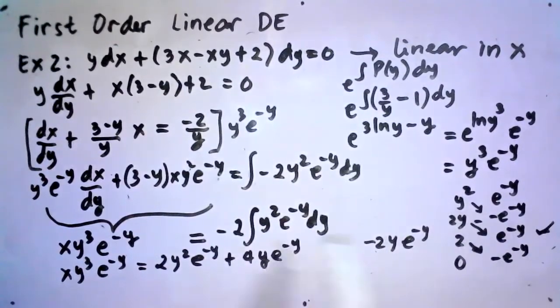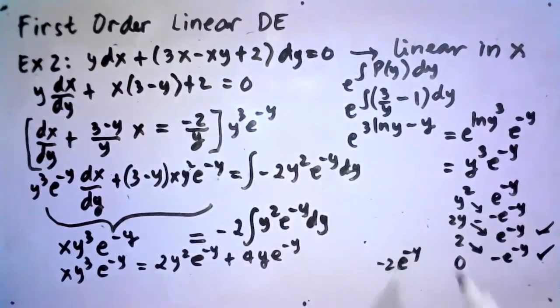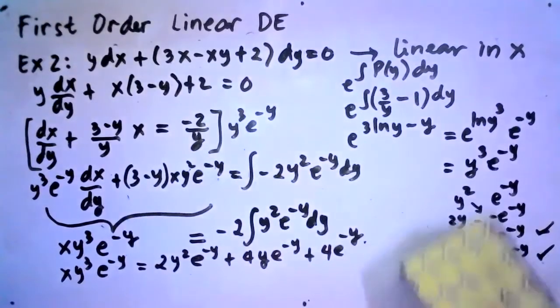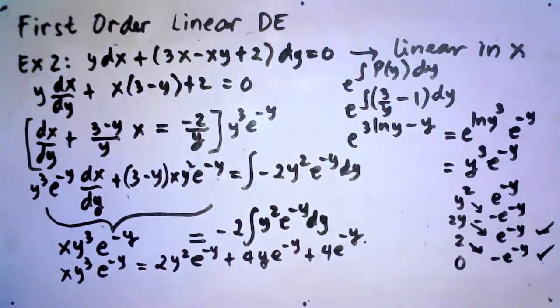This is the result of our integration for this part. And then next, we will proceed to this part: 2 times negative becomes negative 2 e negative y, times negative 2 becomes positive 4 e negative y. And then plus c.